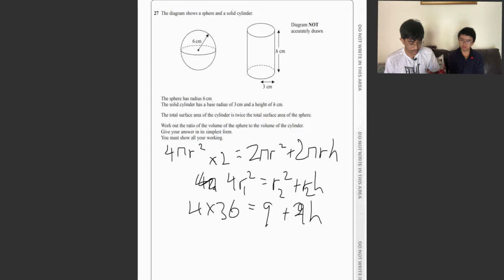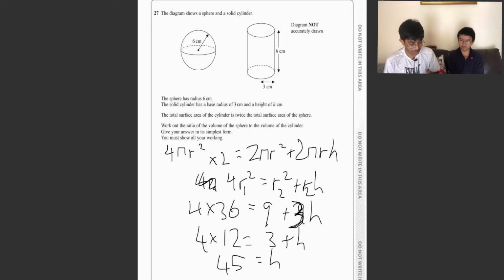Oh yes, be careful with those errors. Is this a calculator paper? No, non-calculator. Okay, fine, I'll work it out. 3 plus h, and divide that by 3 to get 4 times 12. And then you get 48, 45 is h.